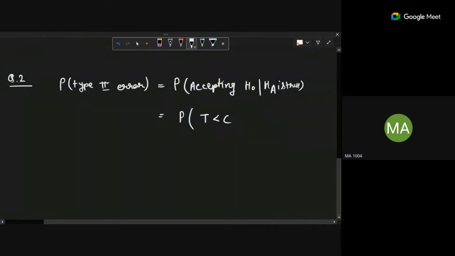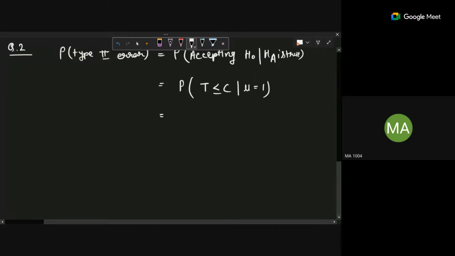Okay, so given that the alternative is true, what does it mean in this particular question? The mean has to be equal to 1. So we have T, the sample mean, right? And they are normally distributed with some mean and variance 1.